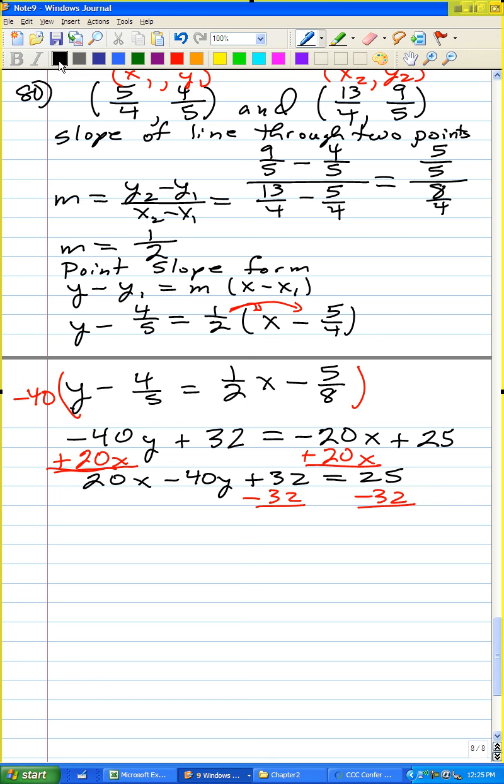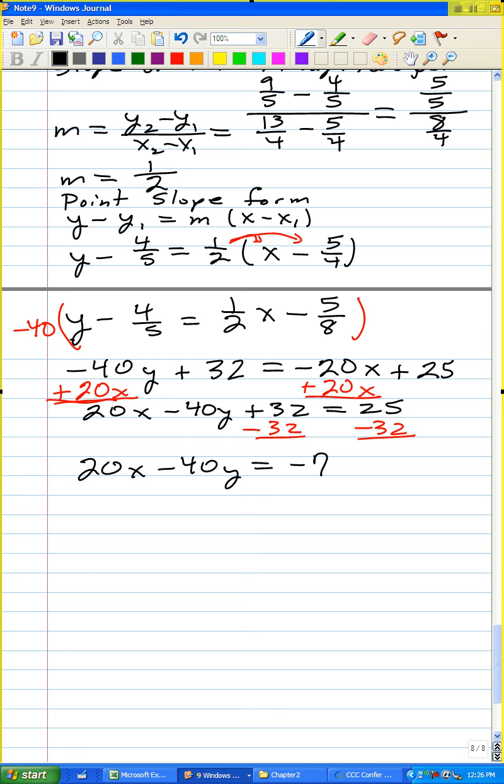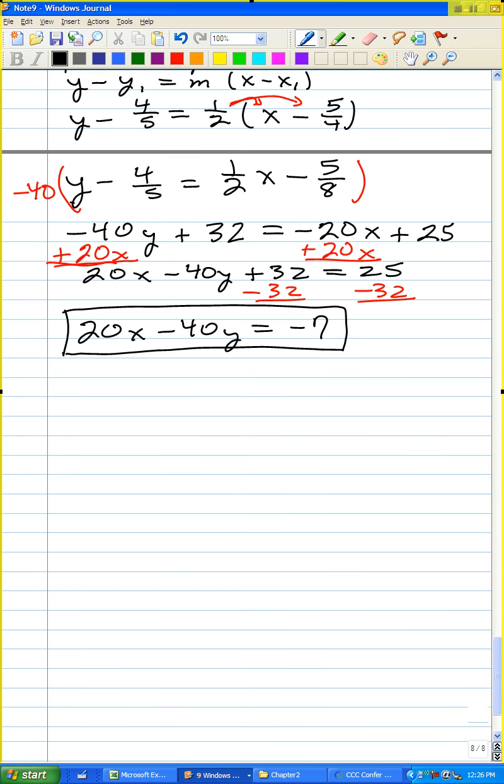And so I get 20x minus 40y equals negative 7. And so I have that all of these coefficients are integer valued. The coefficient in front of x is positive, and there are no common factors. And so I've written this in standard form.